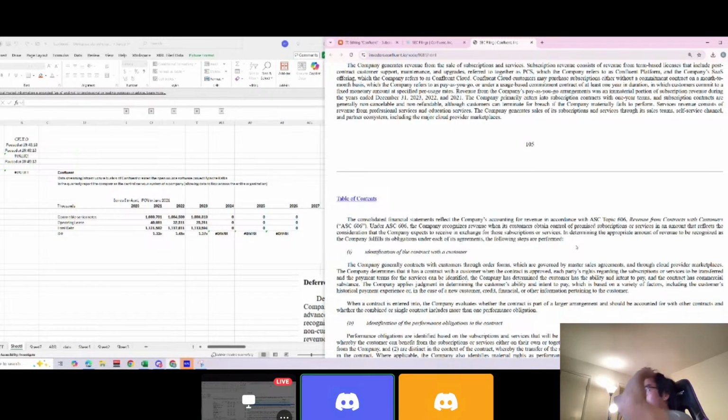Contracts with customers. The company recognizes revenue when it transfers control of promised subscriptions or services in an amount that reflects the consideration that the company expects to receive in exchange for those subscriptions or services, determining the appropriate amount of revenue to be recognized.